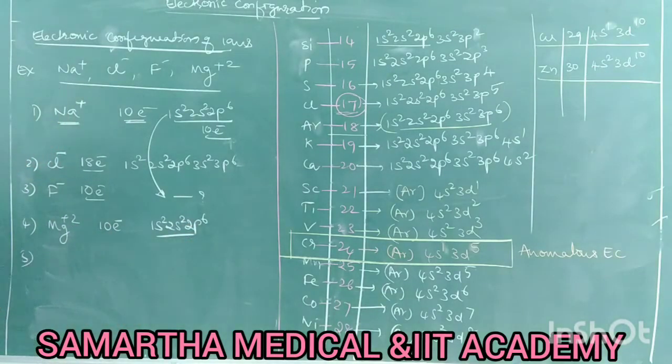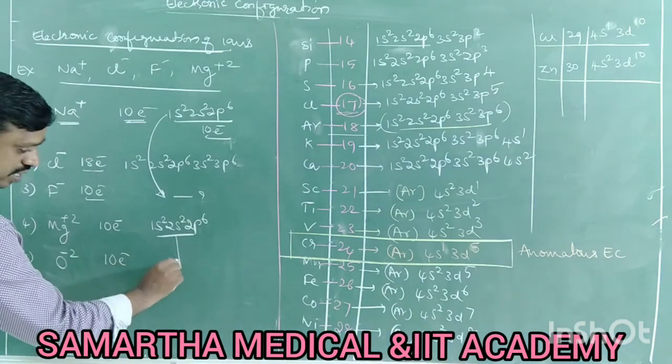Then, as the fifth one, take one more example, O minus 2. We know oxygen has atomic number 8, so 8 electrons, and minus 2 means adding 2 electrons. So 8 plus 2 is again 10 electrons, the same electronic configuration.